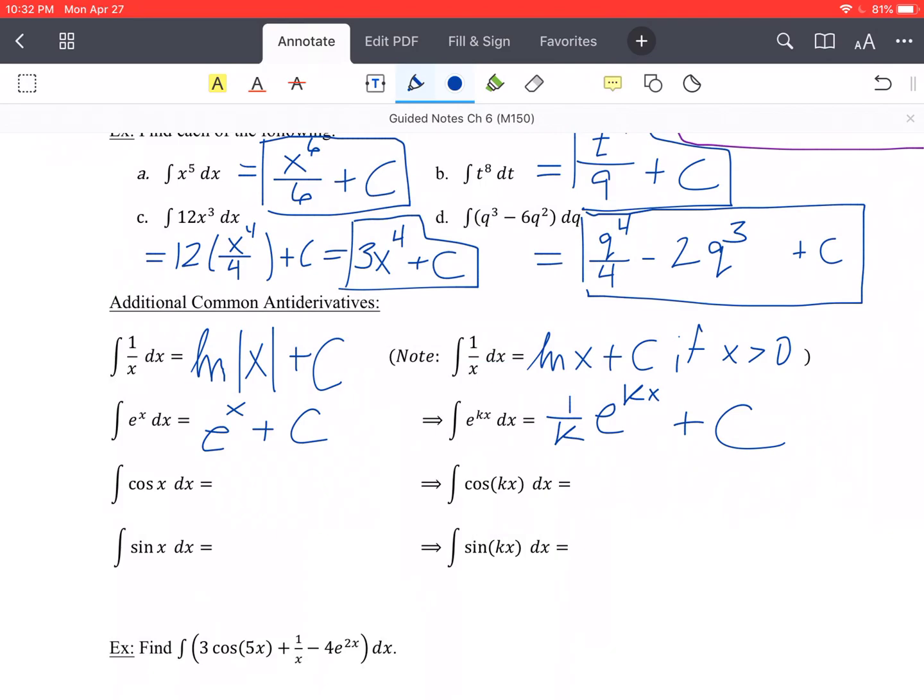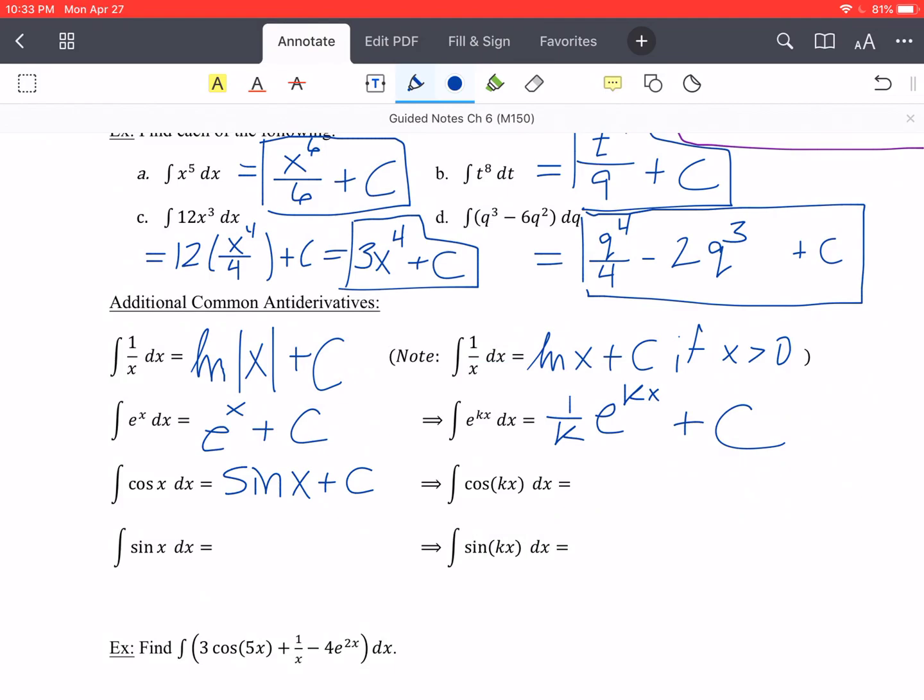Next up, integral of cosine. We had a function, we took its derivative, it gave us cosine. What was that original function? It was sine of x, because the derivative of sine is cosine. So the antiderivative of cosine is sine.